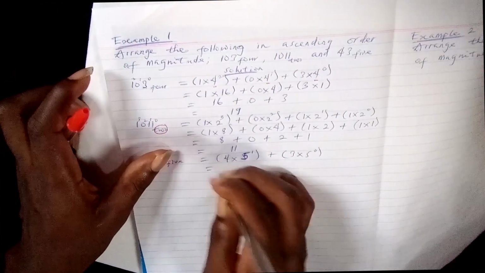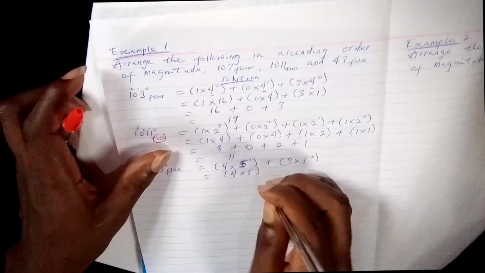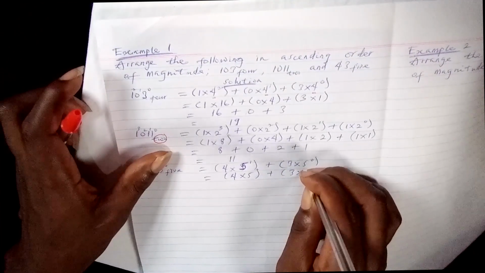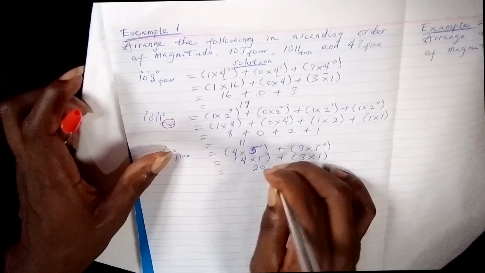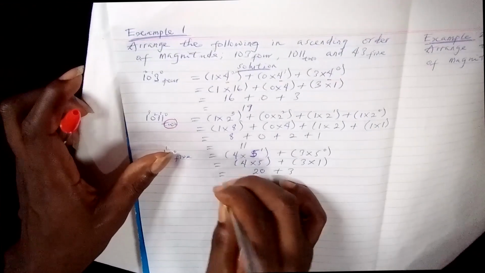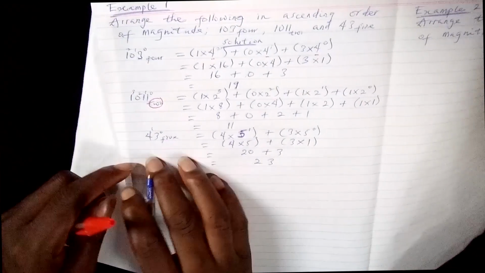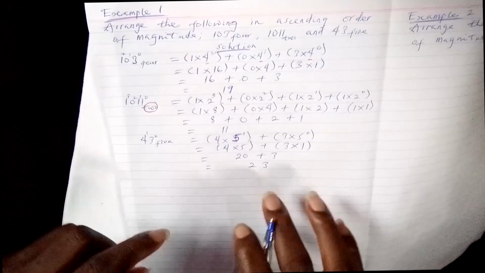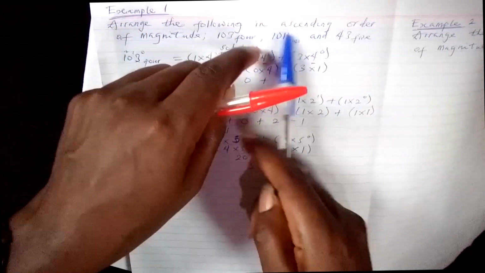We continue to expand. 4 times 5 plus 3 times 1. This will give us 20 plus 3. Together we got 23. So after you converted 43 in base 5 to base 10, you got 23. But remember, the question is we should arrange the following in ascending.